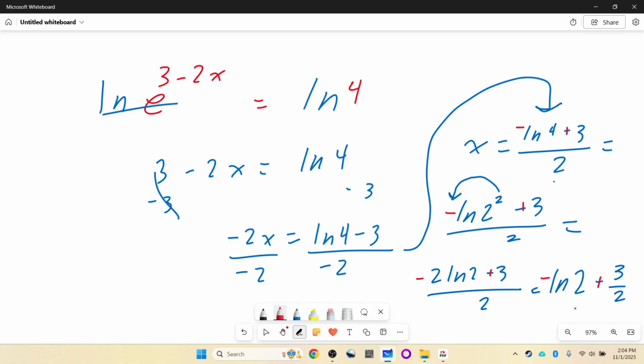And so what we are saying here is that the left side was e to the 3 minus 2x. The graph would have a y-intercept of e to the 3rd, which is like, I don't know, 20, I'm going to guess.